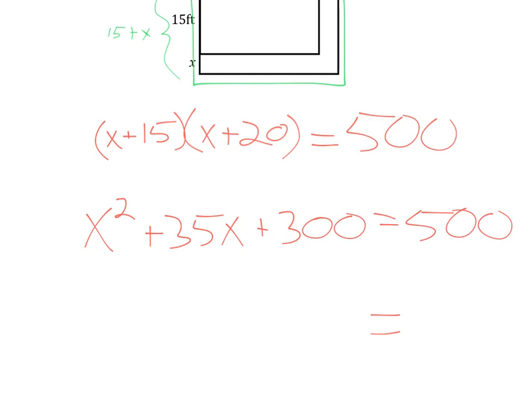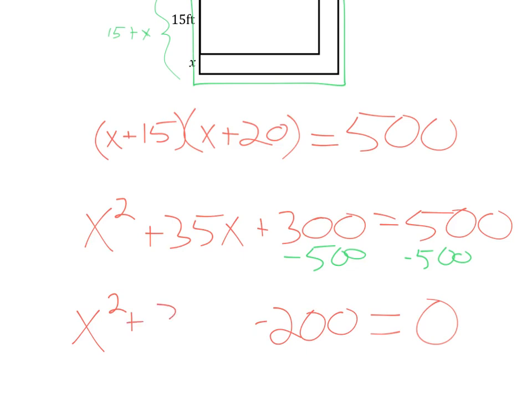And if we want to solve quadratics, typically we want that thing equal to 0. So in order to do that, the 500 has to go. So if I subtracted that over, this now becomes a negative 200 at the end. So we have x squared plus 35x minus 200.